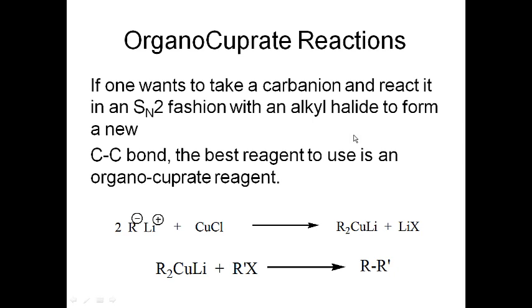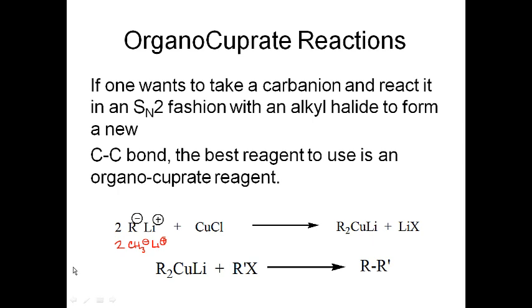So if you want to couple two carbons together, what you do is you make what's called an organocuprate, or actually what I call a lithium cuprate. So what we do is we take two equivalents of, let's say, CH3 minus Li plus. We're going to use organolithium for this, not the magnesium compound, but the organolithium.